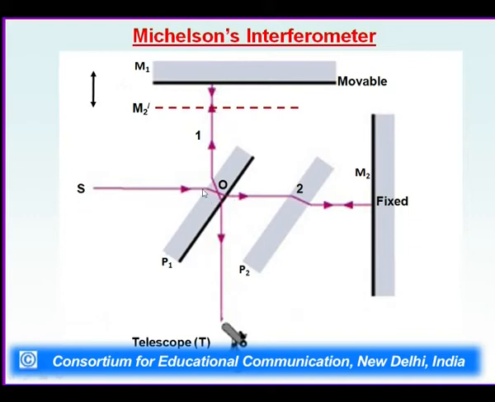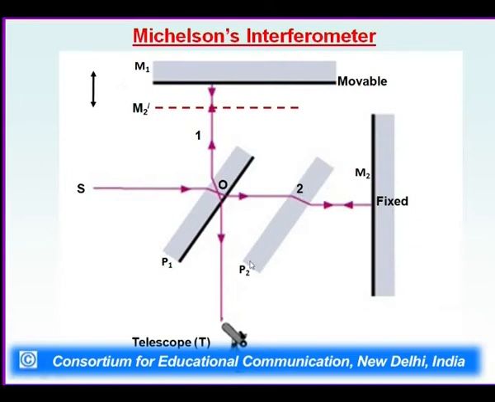From here you see that the reflected ray first goes this side and then is reflected and comes back. If we talk about the ray which is refracted and we are not using the compensating plate, then it moves directly towards mirror M2. But if it moves directly, we cannot get the two lights in phase.